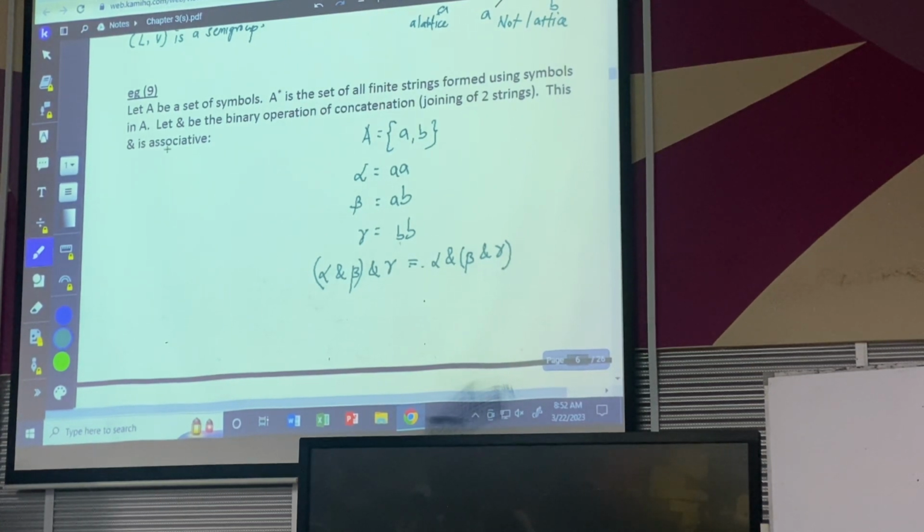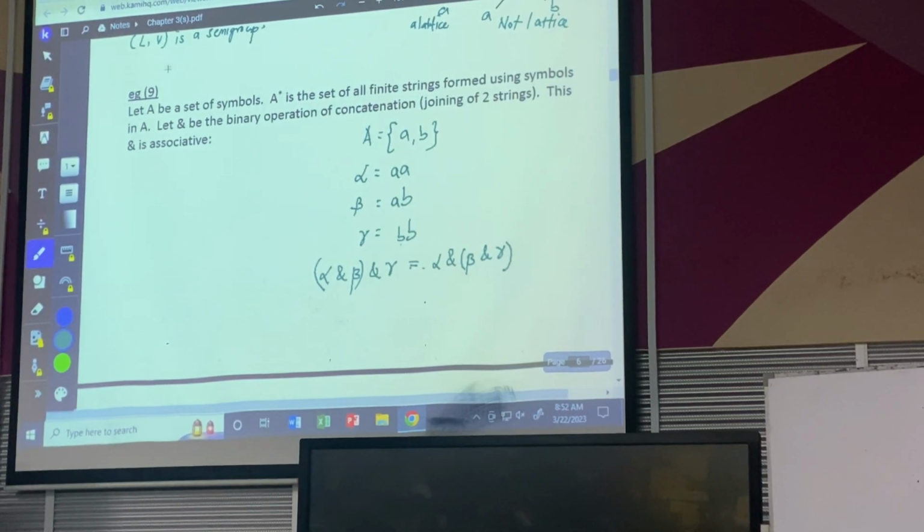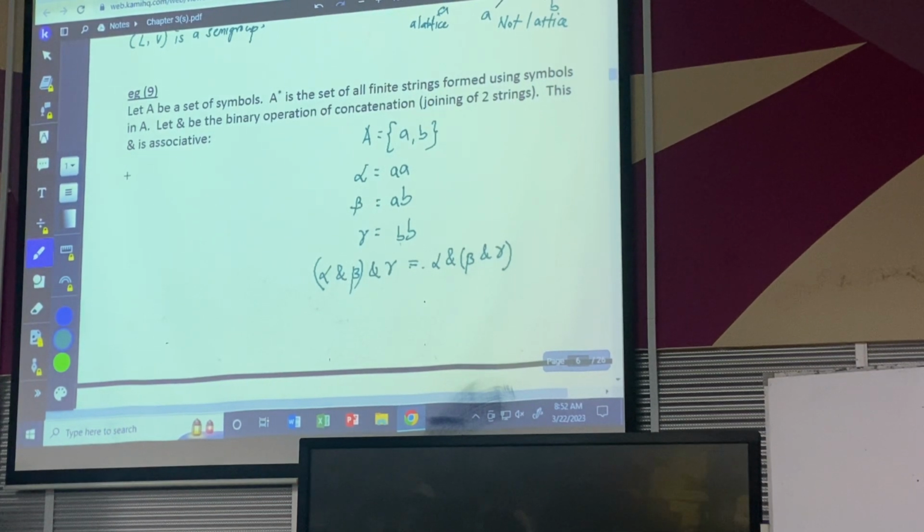So when we want to show that this is associative, you can just say for this one is a string form from the A string. Because the A string is a string that we get from the set A. So we will just say for all the alpha, beta, and gamma, which belongs to the A string, the alpha join with beta, and then join with gamma will be the same with alpha joined with the join of beta and gamma.